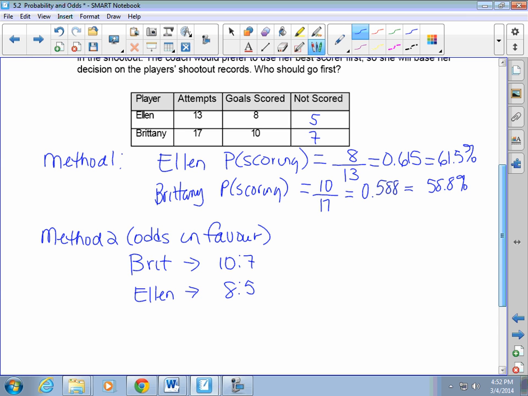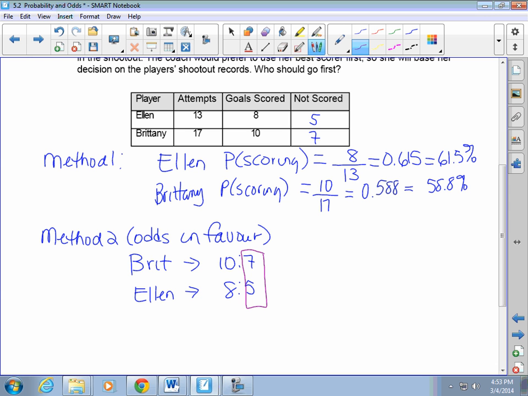So when you're looking at this, one of the ways to compare them is to get the unfavorable numbers to be the same, like a common denominator, if you want to think of it that way, in order to compare them.